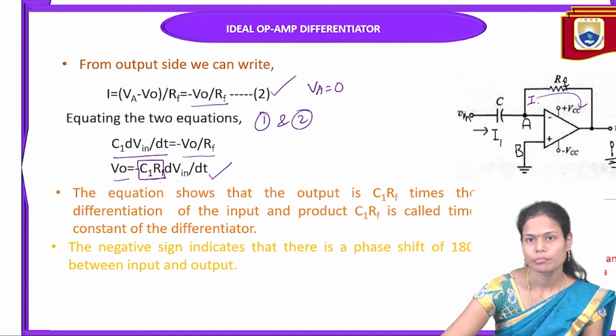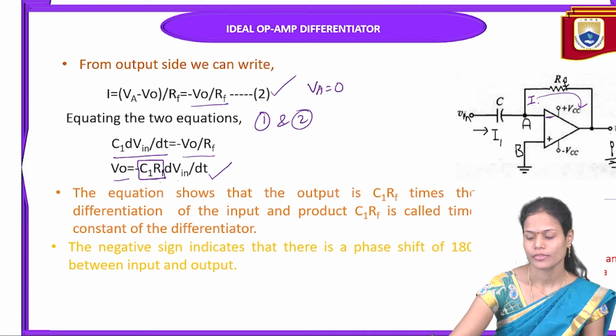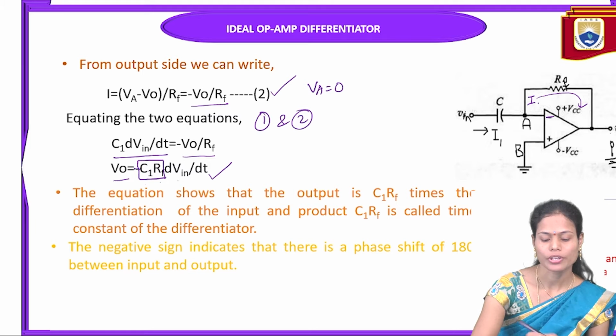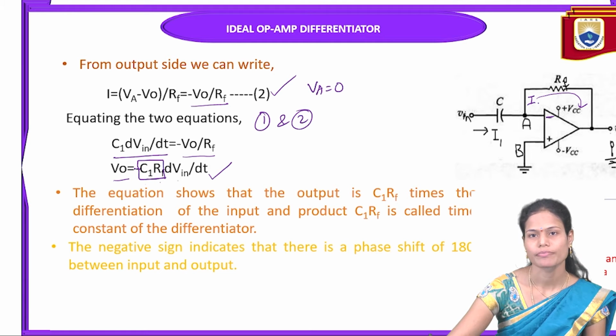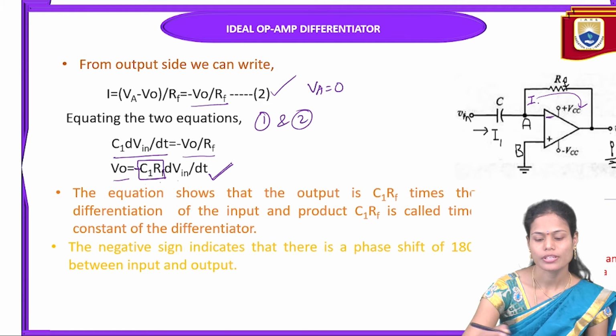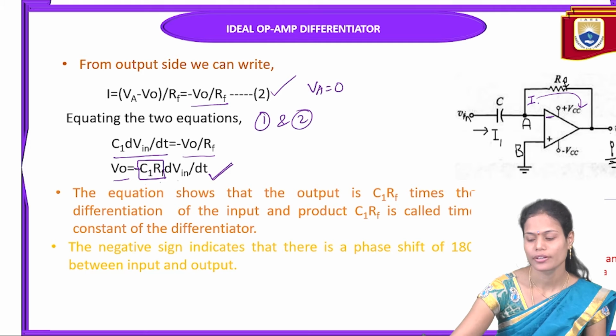Why are we getting that? Because we are providing the input to the inverting terminal here. I have already mentioned, when you provide the input to the inverting terminal, you will always get a 180 degrees phase shift in the output. So that's why in the output voltage we are getting the negative sign. So this is the output voltage in the case of an ideal op-amp differentiator.